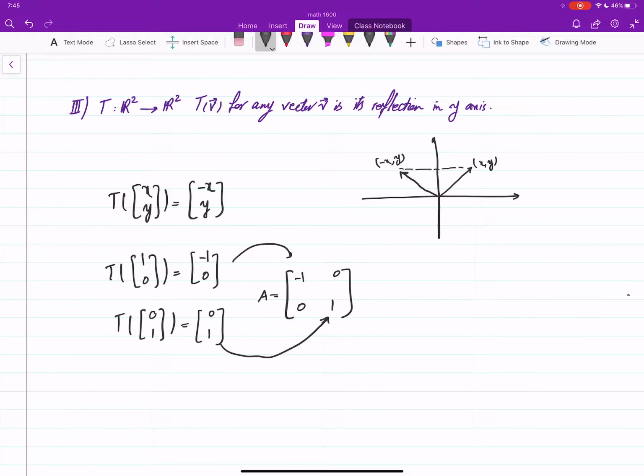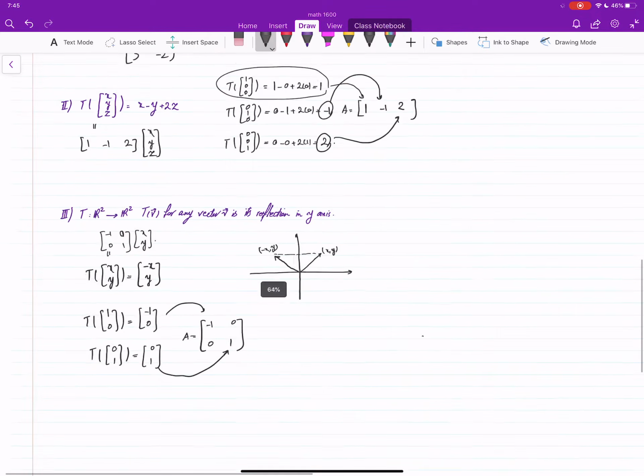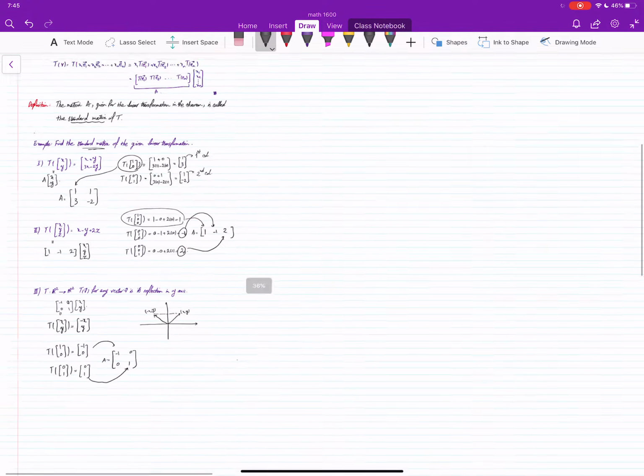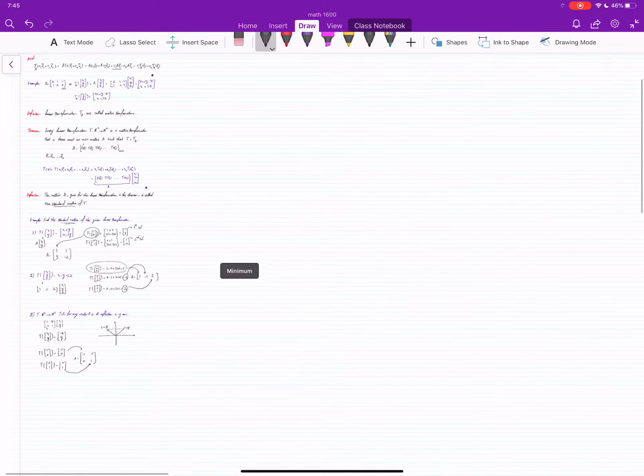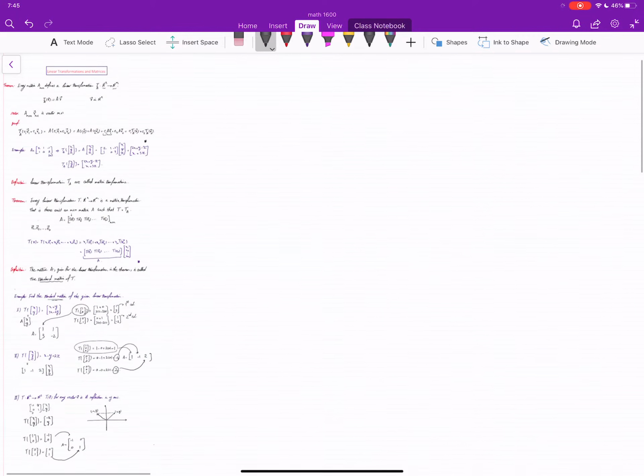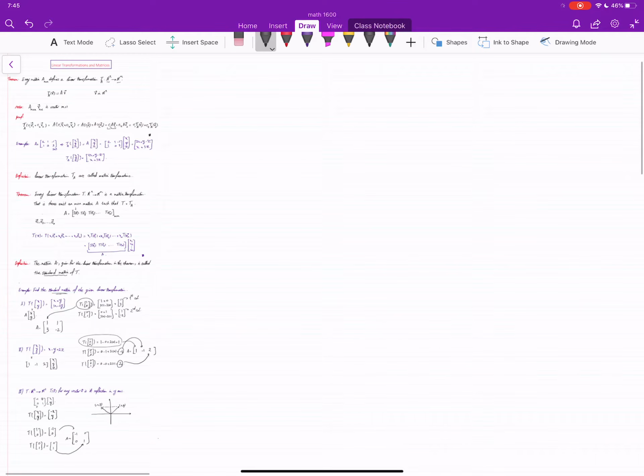And as you can see, T is equal to the matrix negative 1, 0, 0, 1 times (x, y). So as you can see, we can use matrices to define linear transformations, and every linear transformation is defined by a matrix called the standard matrix of that linear transformation.